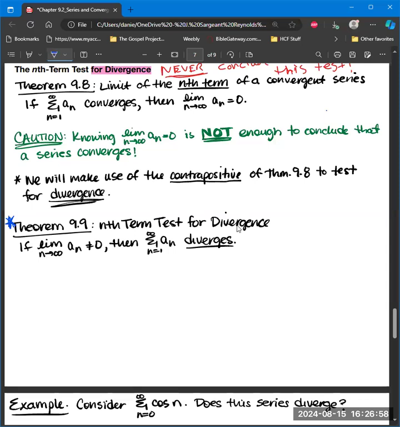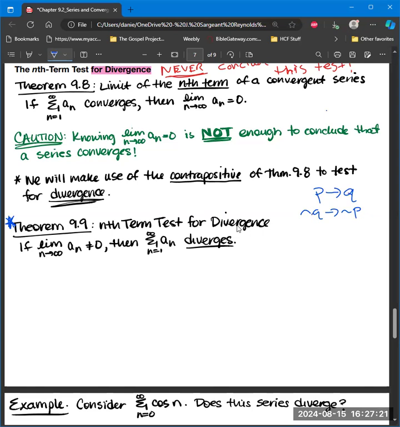So we will make use of the contrapositive of theorem 9.8, if you know that word from logic, to test for divergence. In logic, if P happens, then Q has to happen. And we can say that if Q doesn't happen, then P definitely didn't happen. So if it was convergent, then the limit went to 0.